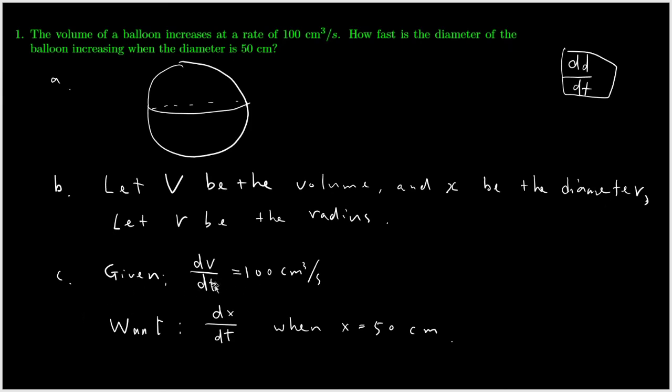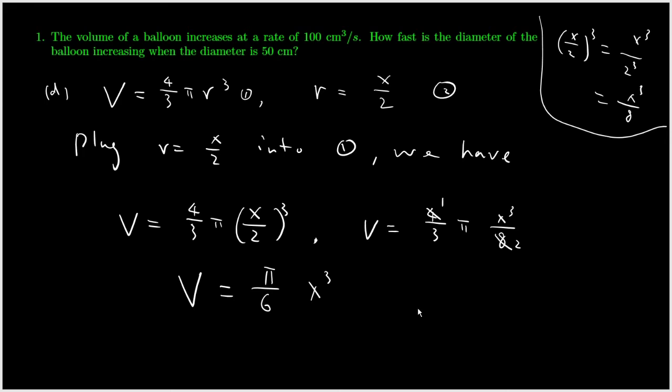So do you see dv over dt is 100, and we are looking for dx over dt, and then when the diameter is 50 centimeters long, use all these conditions. You just remember two numbers. The rate of change of v is 100 cubic centimeters per second, and then the x value is 50. It's an instantaneous rate of change. Okay.